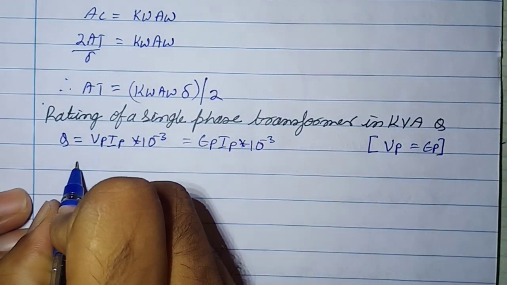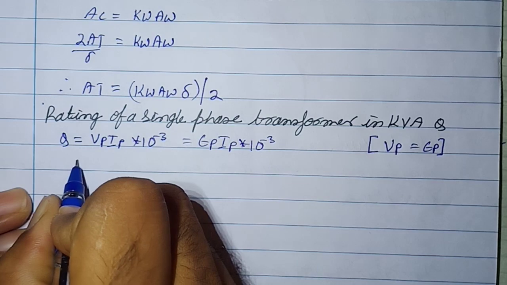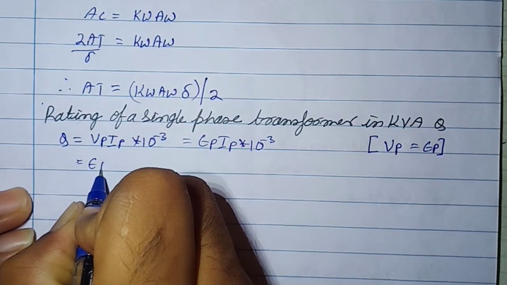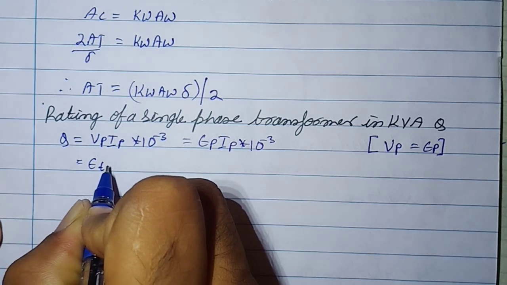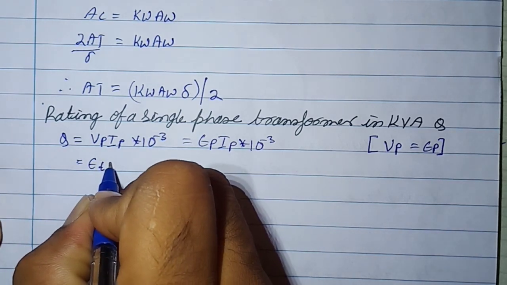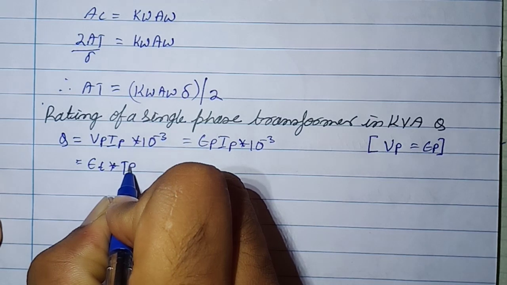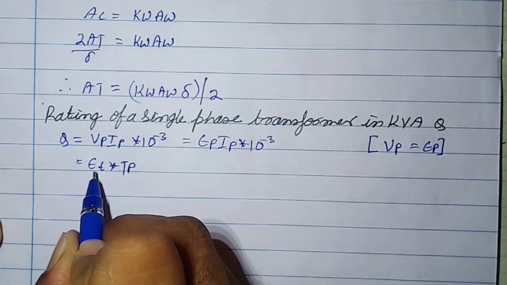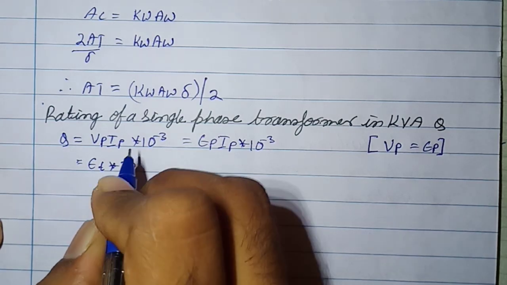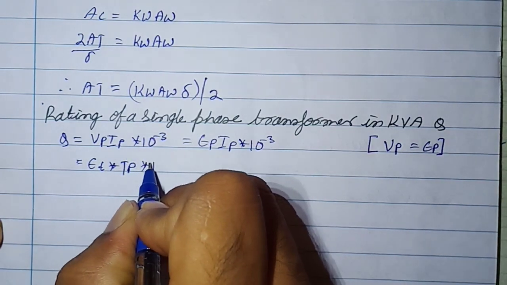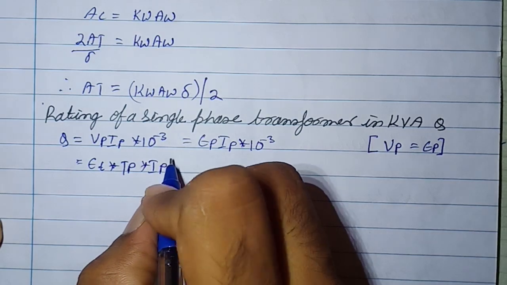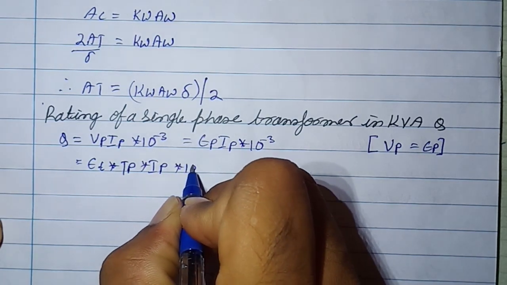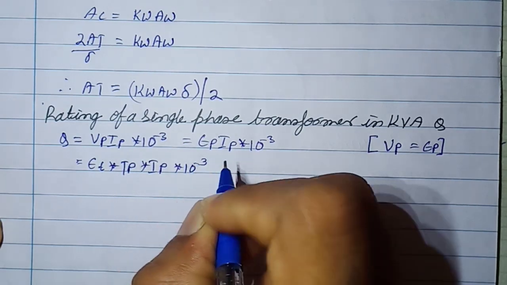So Ep is nothing but Et, that is volt per turn, into turns. So we get Ep, the per turn volts into number of turns, into Ip, into 10 raised to minus 3.